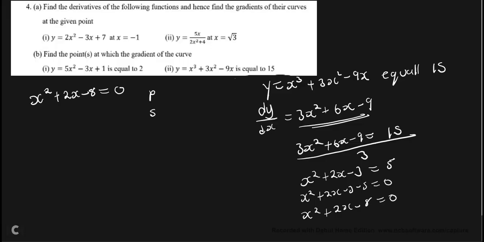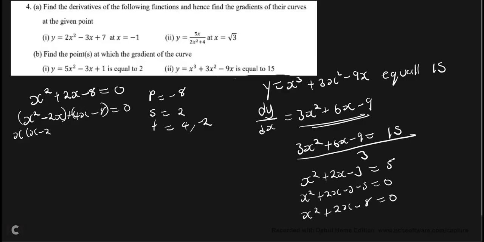Product, sum, factor. What's the product? It's negative 8. Sum is what? 2. Then the factors are 4 and negative 2. Such that your answer is x squared minus 2x plus 4x minus 8 equal to 0. Then x times (x minus 2) plus 4 times (x minus 2) equal to 0.